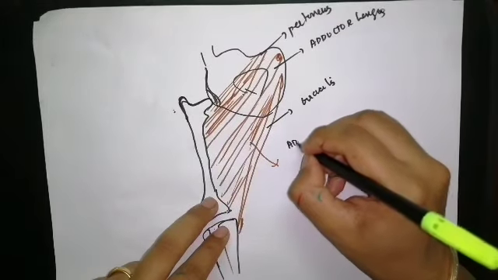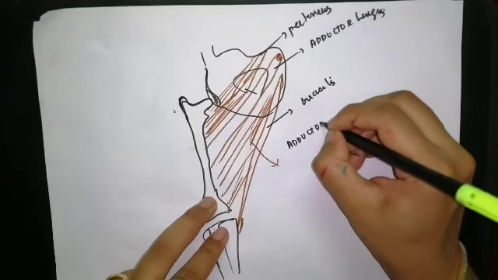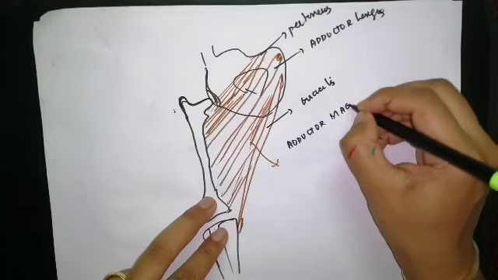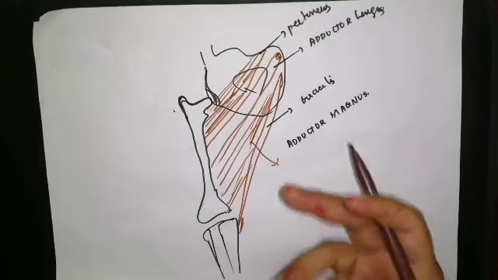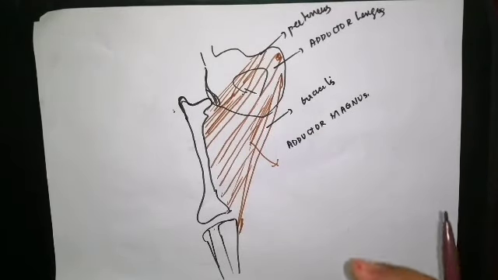And you have obturator externus, which also forms a part of the adductor compartment, but it carries out lateral rotation of the hip joint, which is a different function from all these muscles.